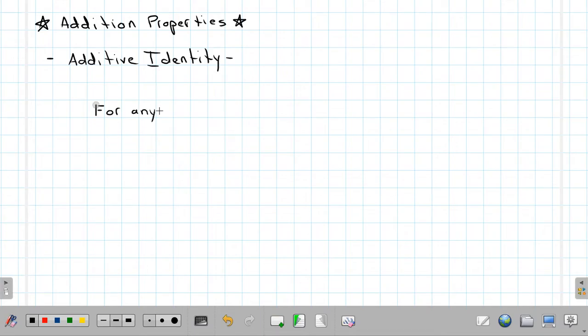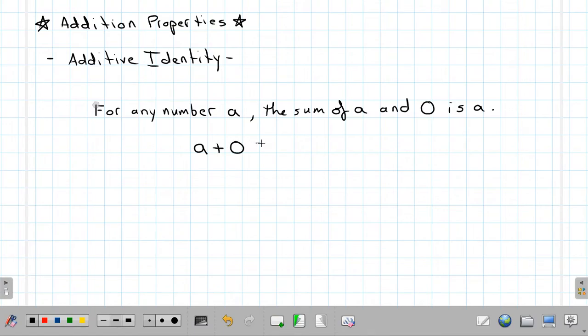For any number A, the sum of A and 0 is A. So once again, in terms of words there, we need to know what the word sum means, which means addition. So what this really means is A plus 0 is equal to A.